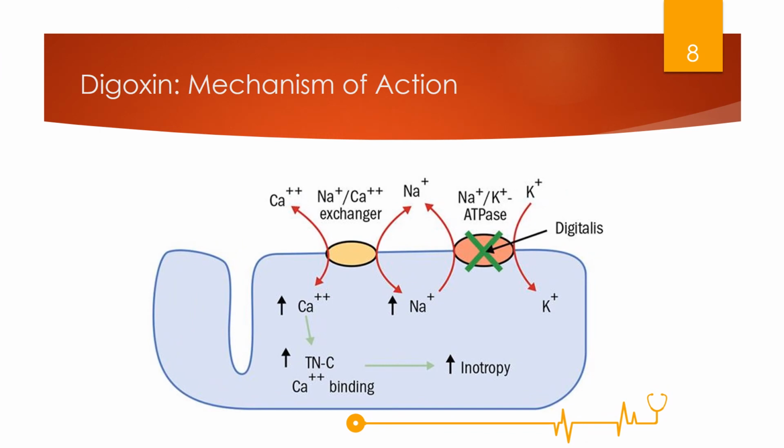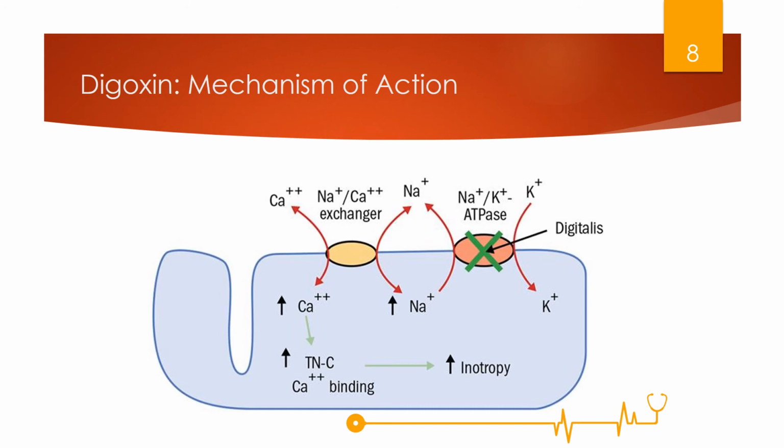Now the mechanism of action of digoxin, which involves the sodium calcium exchanger and the sodium potassium ATPase. Calcium moves into and out of the cell, and there is increased binding of calcium inside the cell, which leads to increased inotropy. Inotropy means to increase the cardiac output and to decrease the beats per minute.